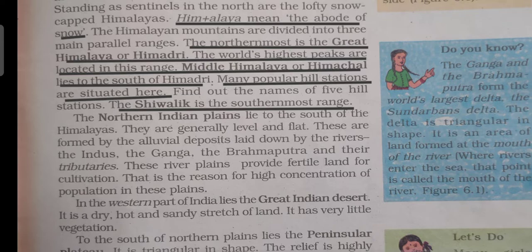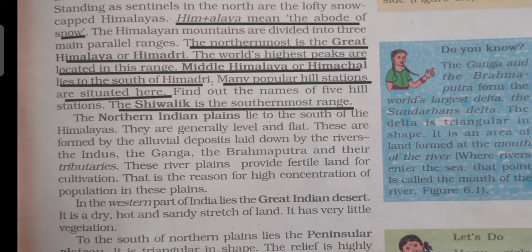So children, northern plains are also known as alluvial plains because they are formed by the alluvial deposits brought by the rivers that flow down from the Himalayas. And about these plains we have also read in chapter number 6.